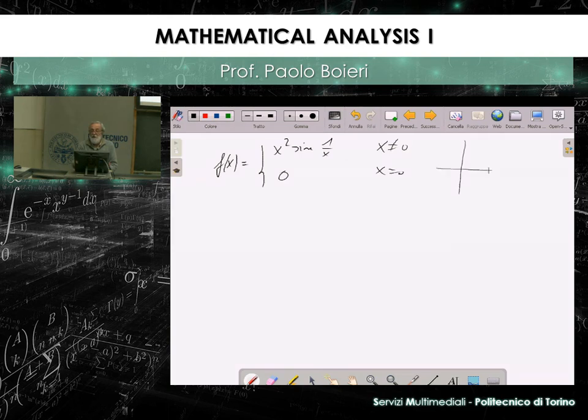The function that you remember has this behavior, infinitely many oscillations near the origin. If you ask, is this function integrable on [0, 1]? I think it's not very easy to imagine the answer. The answer is yes, exactly by the previous theorem.